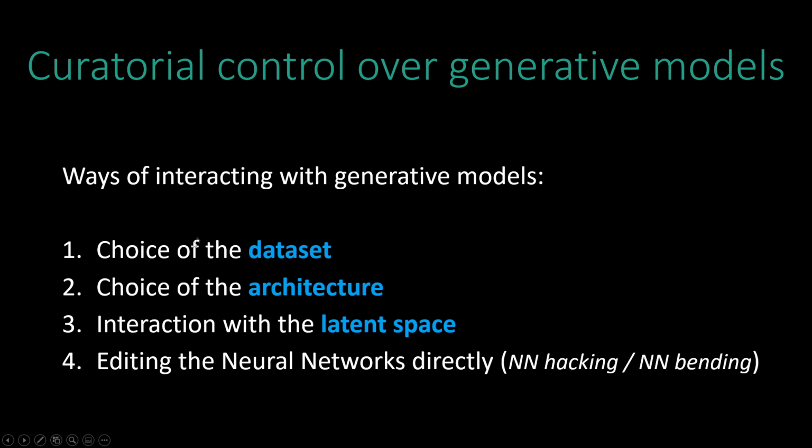It's an attempt to divide the ways of interacting with generative models in some understandable ways. So one of those ways is the choice of the dataset, then the choice of the architecture, then the types of interaction with the latent space, and then finally some neural network hacking or editing the architectures themselves.